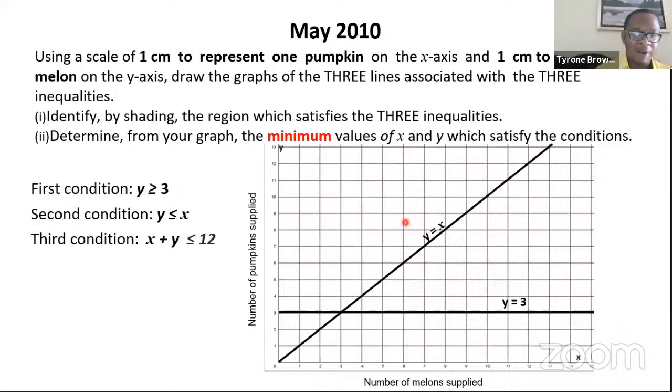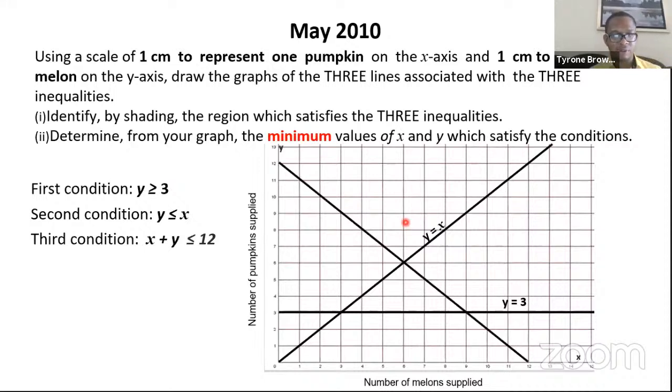So our final one is the line X plus Y is less than or equal to 12. Where would we find two possible coordinates of that line? I'm seeing 6, 6, I'm seeing 4, 8.